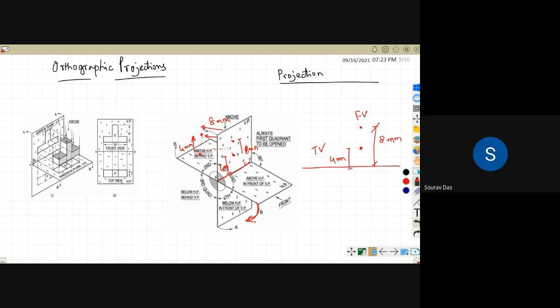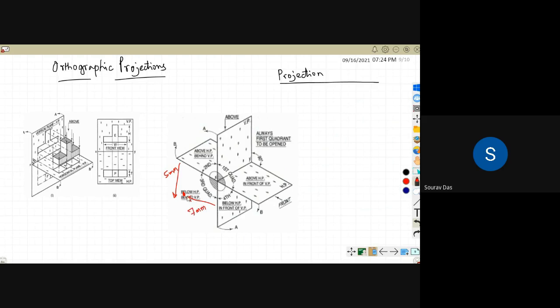Now when the point is situated in the third quadrant, let's say the point is situated here. It is below the horizontal plane. Say this is 5 mm below the horizontal plane and 7 mm behind the vertical plane.